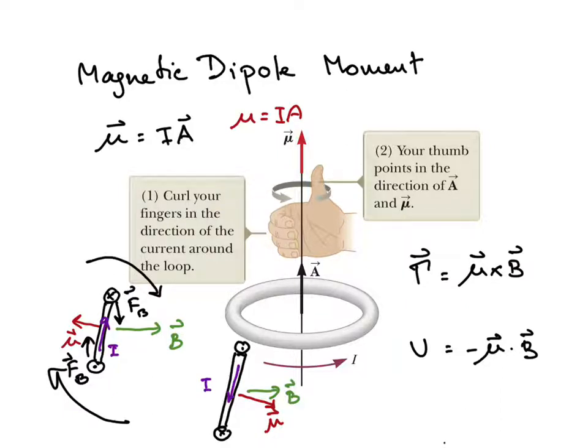And if we calculate the magnetic force in this segment, the forefinger points out of the plane, B points out of your palm.